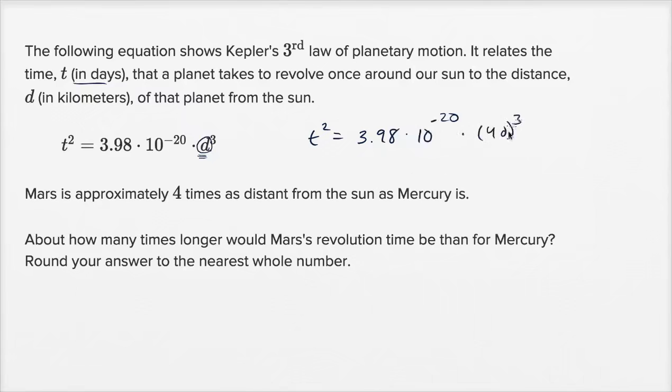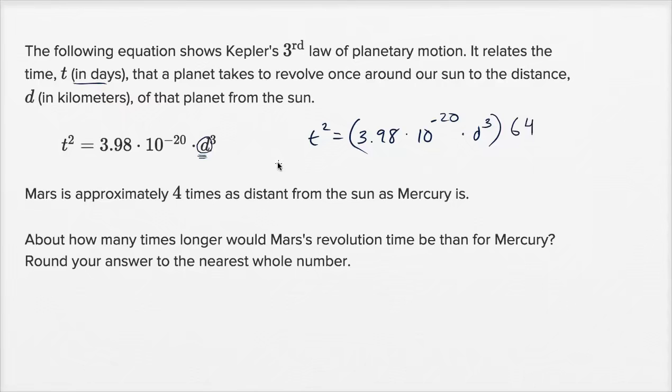Well, I could rewrite that as 4 to the third times d to the third. 4 to the third power, that's 16 times 4, that's 64. So it's going to be the same thing as 64 times d to the third power. Or I could just write this as d to the third power, and then all of that times 64.